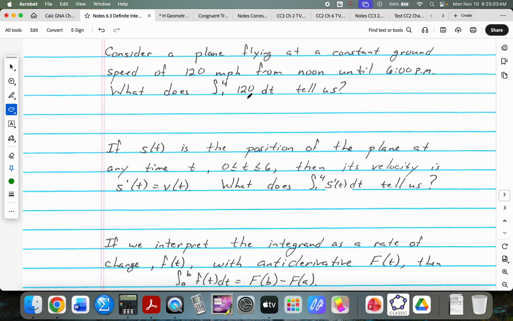Well, this is a rate of change, right? And so the integral should tell us the change in whatever it is that's changing.